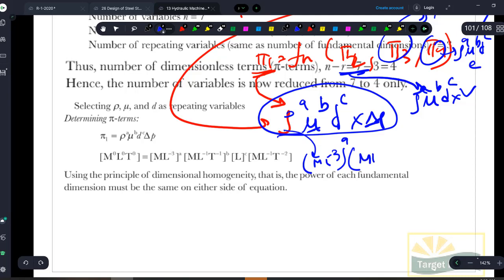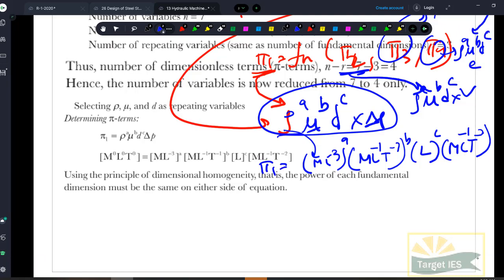Mu is m, l to the power of minus 1, t to the power of minus 1 whole to the power of b. D, the diameter, is l, so l to the power of c into pressure drop, which is m, l to the power of minus 1, t to the power of minus 2. This is my pi 1. I am repeatedly saying this is a dimensionless term, that means m to the power of 0, l to the power of 0, t to the power of 0.